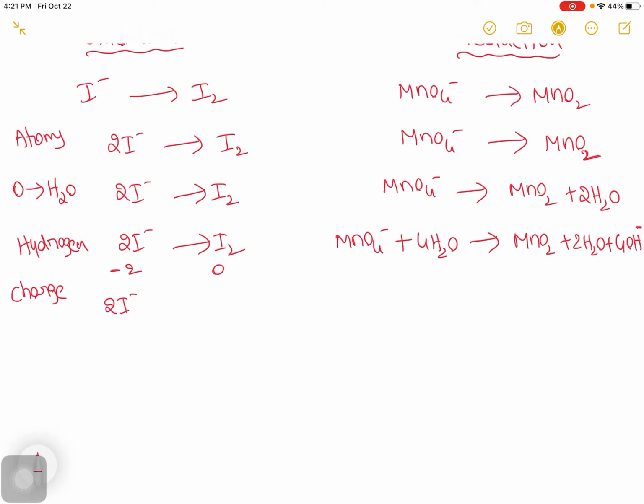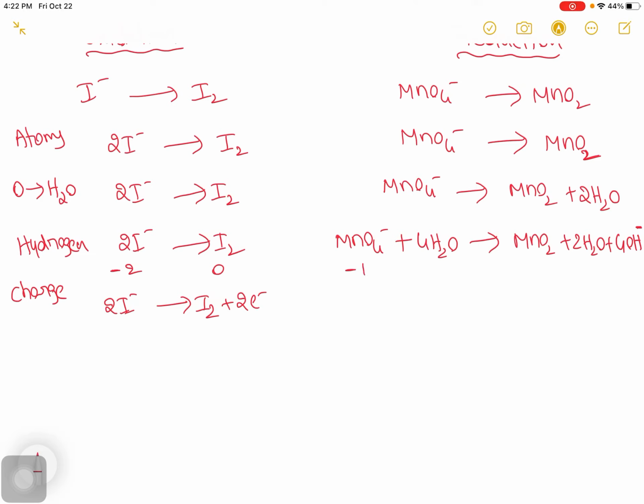I told you how to find the number of electrons in the previous video. Difference between minus 2 and 0 is 2, higher value minus lower value: 0 minus of minus 2 is 2. So we have to take I2 plus 2 electrons.